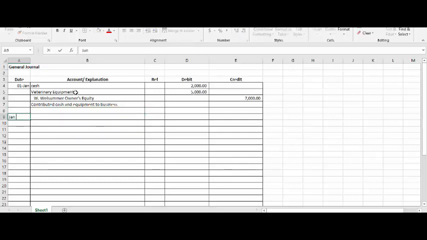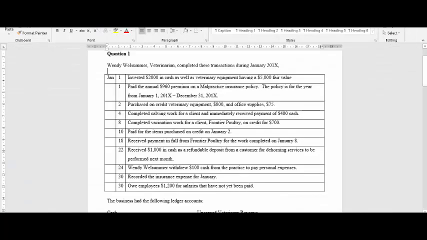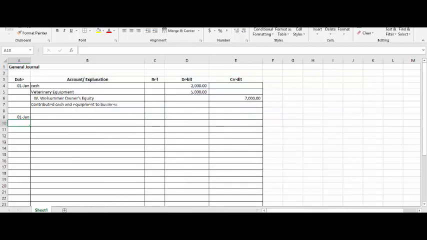Now I remember that my next entry is January the 1st, but let's go back and see what it is. Paid the annual $960 premium on malpractice insurance policy. The policy is for the year. So you might think that we'd expense this, which would actually be a debit entry, but we're going to set it up as a prepaid asset, and we'll talk about that in a bit.